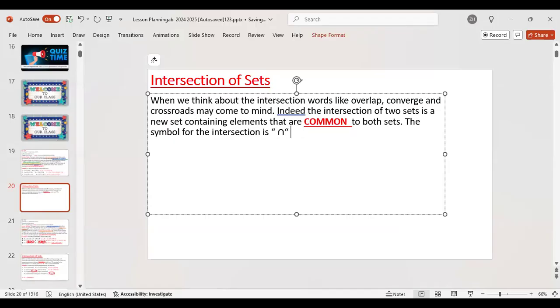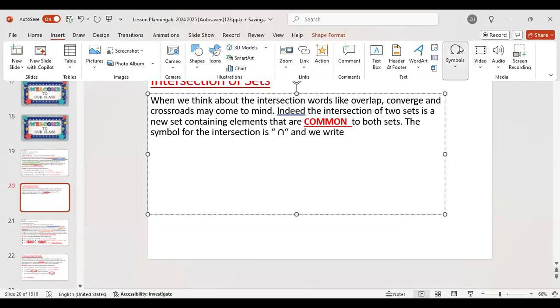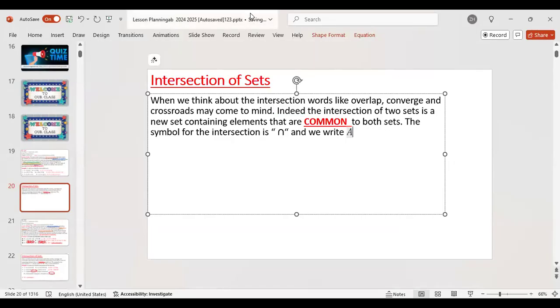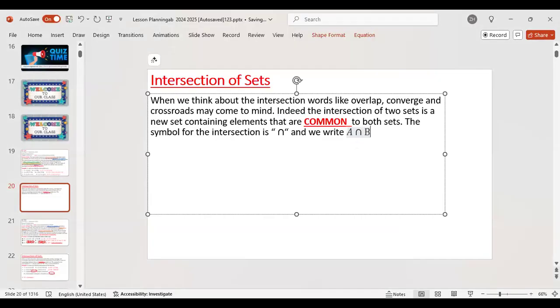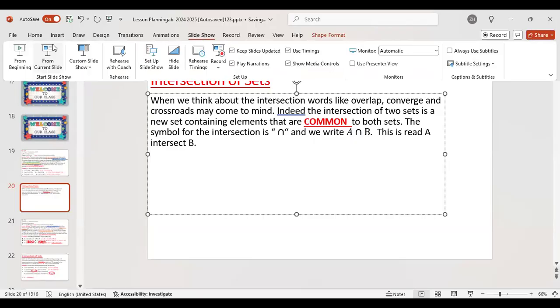And we write set A intersects with B. A intersect B. All right, so that's how we write it.